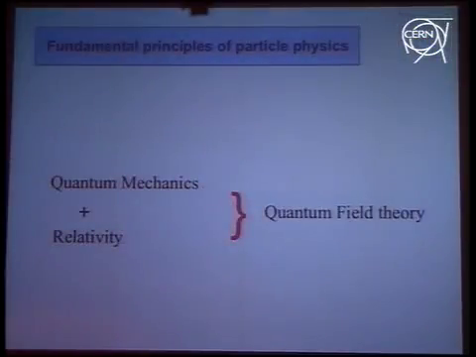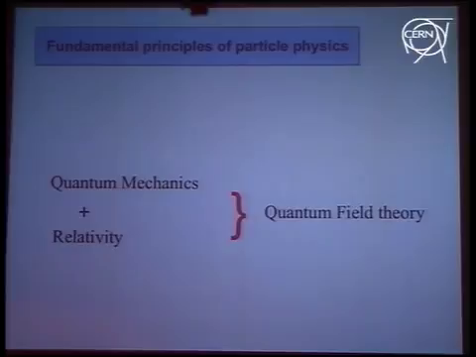Now, going back to the fundamental principles of particle physics, what one discovers is that if you combine quantum mechanics and relativity, and if you remember, Einstein always had problems with this. God does not play dice, he said. Well, apparently God does play dice. Quantum mechanics is correct.